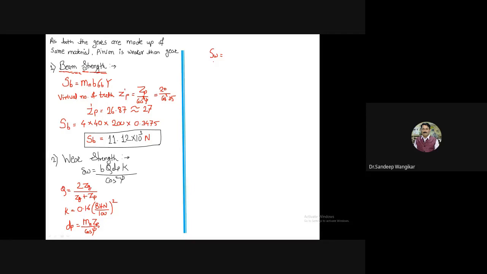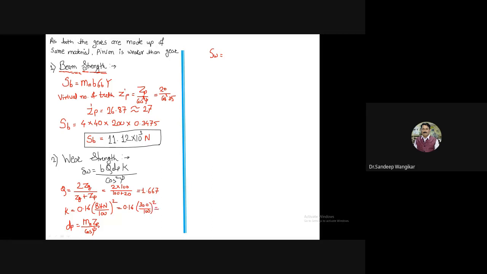One by one we will write the Q value. Substituting, 2 into 100 divided by 100 plus 20, so Q is 1.667. Then what is the K value? 0.16 into BHN, which is given as 300.